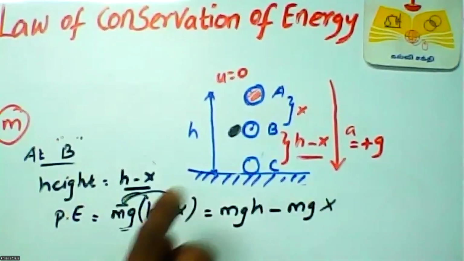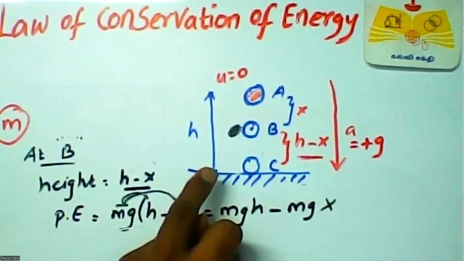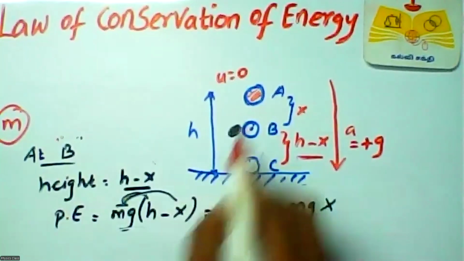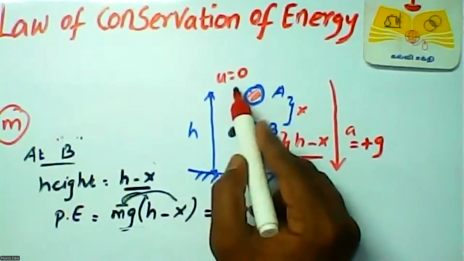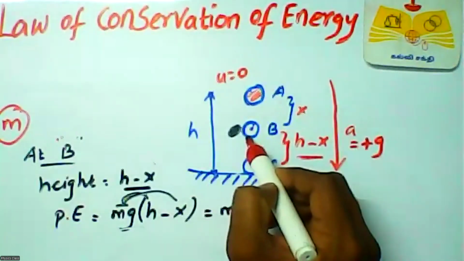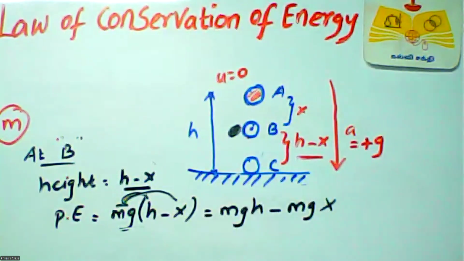In that position, we have to find the velocity, because at position A the object has zero initial velocity, but here the object has some more velocity.